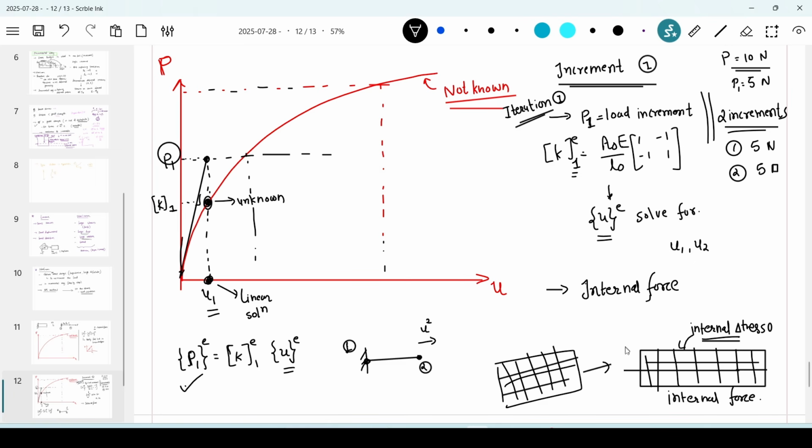And the condition for this deformed configuration is that external forces should balance the internal forces. This is the condition, right? So for this given external force, which generates internal forces, they both should be in equilibrium, and that is our unknown response.